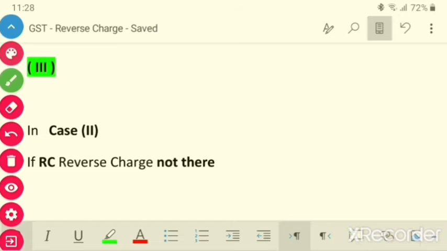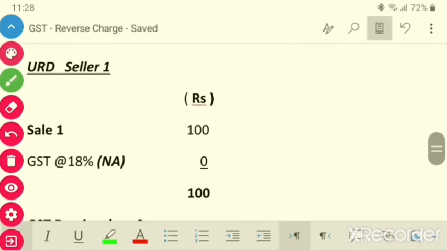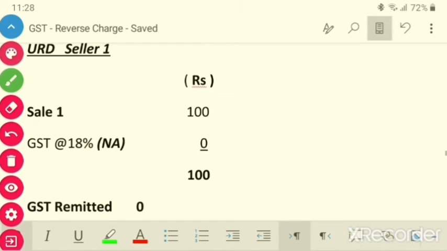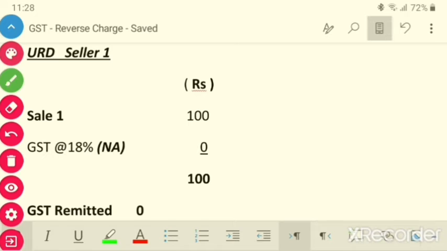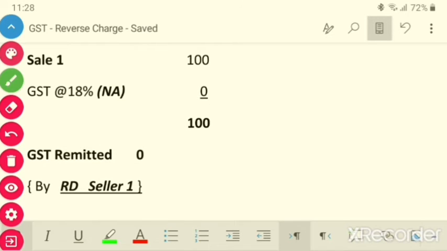Let's have a look into it. We are talking about case 3, where seller 1, stage 1 seller, is a URD, unregistered dealer. So he will sell without tax at 100. GST not applicable. GST remittance not applicable.